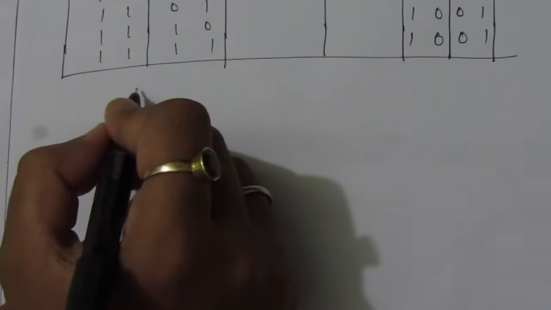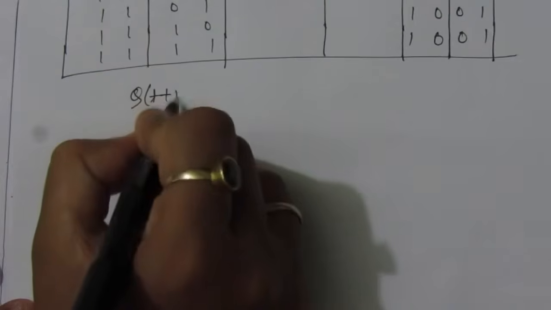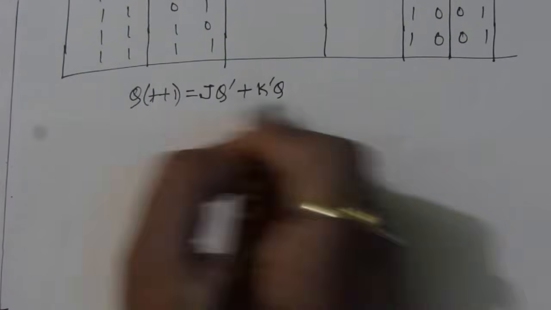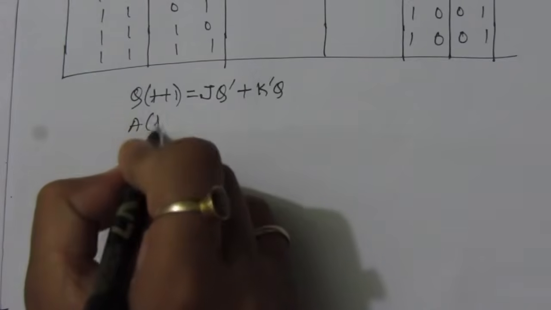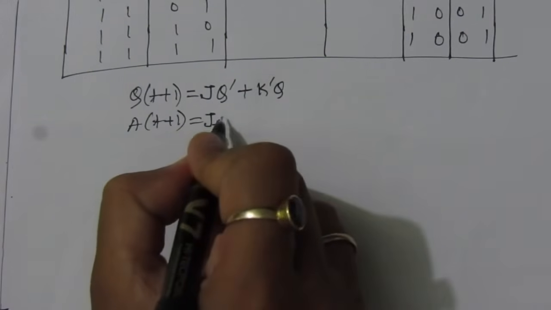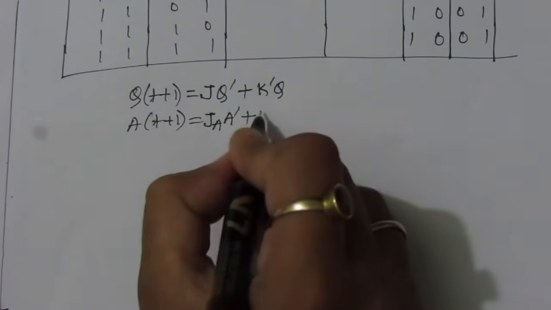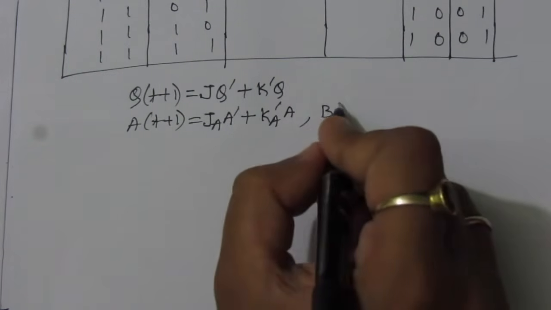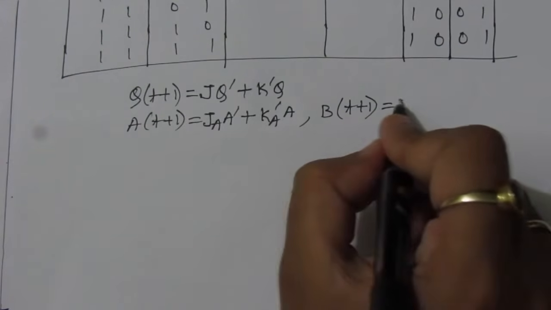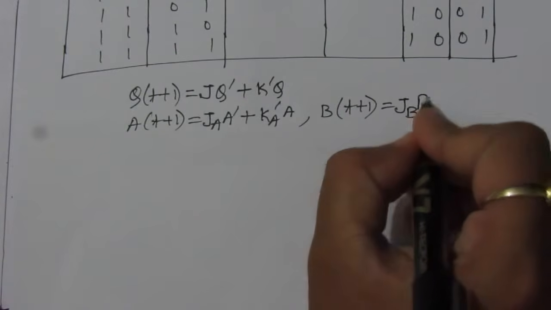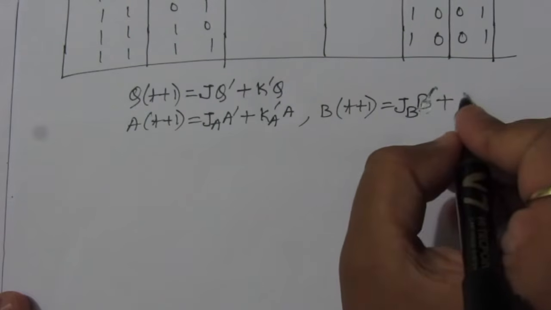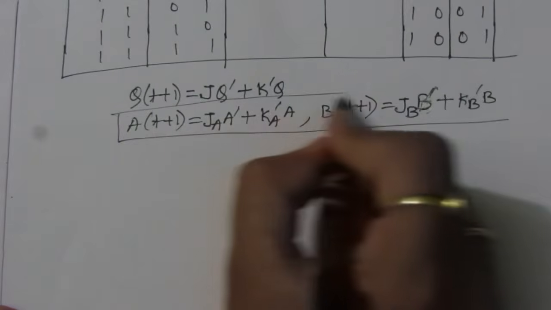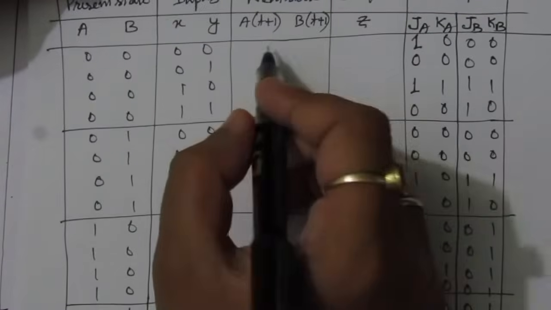We know that the JK flip-flop characteristic equation is Q of T plus 1 equals J Q complement plus K complement Q. Using this, A of T plus 1 will be JA A complement plus KA complement into A, and similarly B of T plus 1 will be JB B complement plus KB complement B. These are the two equations we have to use for finding the A of T plus 1 and B of T plus 1 values.